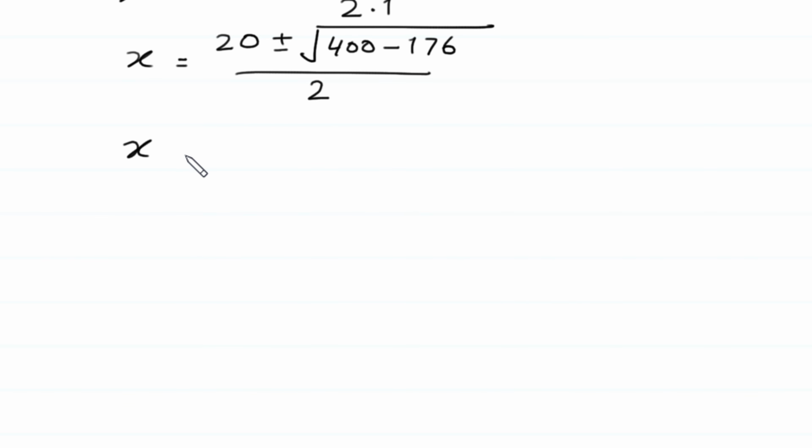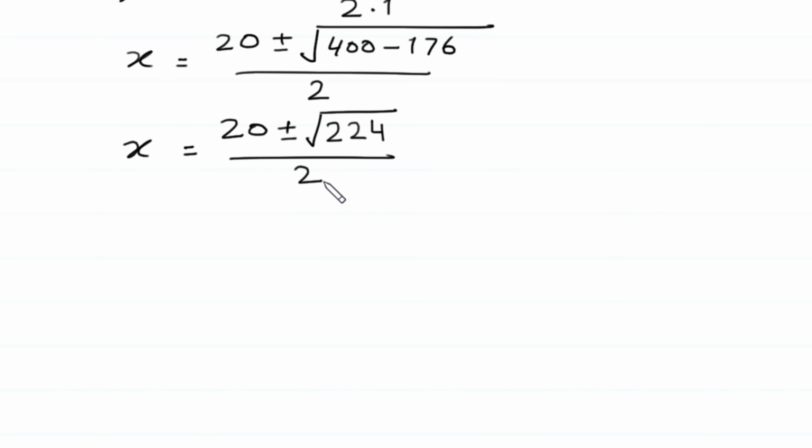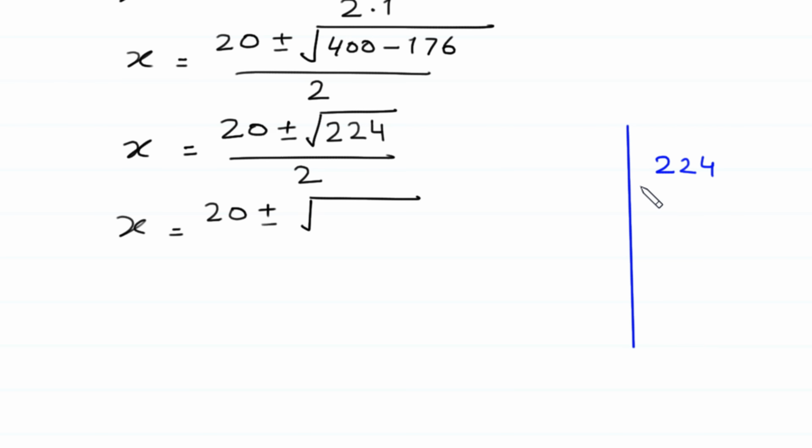Next, x is equal to 20 plus minus square root of 400 minus 176, which is 224, divided by 2. Next, x is equal to 20 plus minus square root of, if we factorize this 224, first we divide it by 2 one time, 2 times 4.